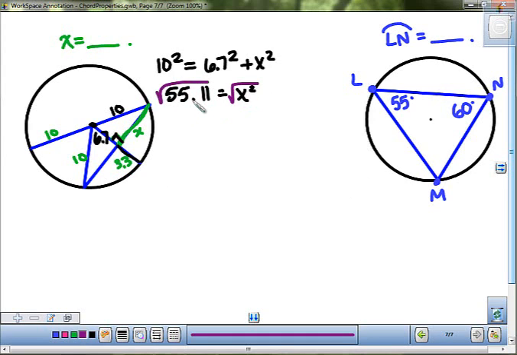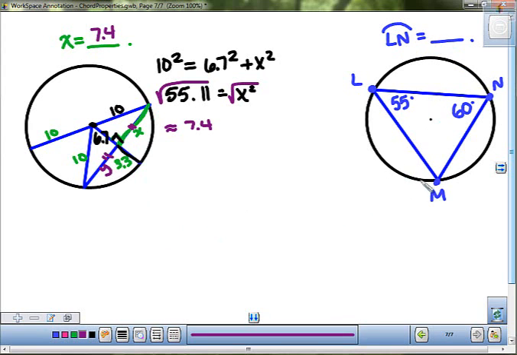So if you take the square root of that, it gives you approximately 7.4 if we're rounding to the tenths. So that would be about 7.4. And if they had asked you for this side, it would be equal, because remember, if the radius is perpendicular to a chord, it's bisecting it, so those sides are equal.